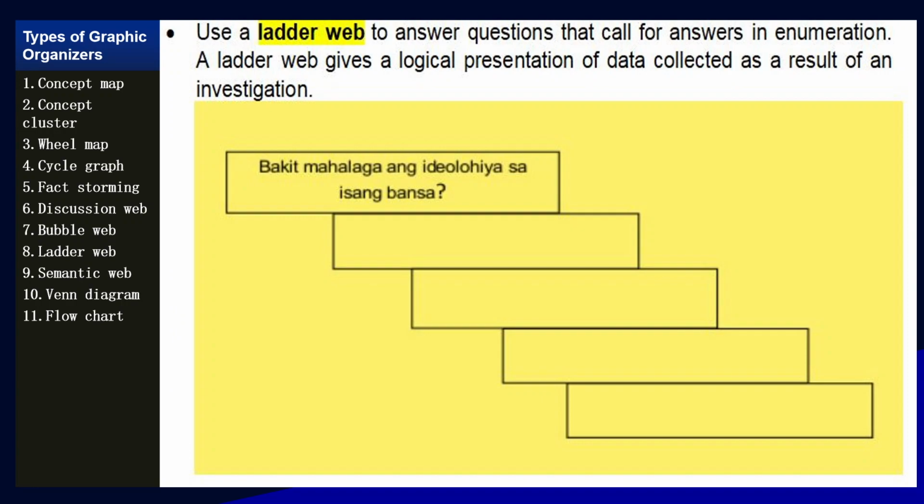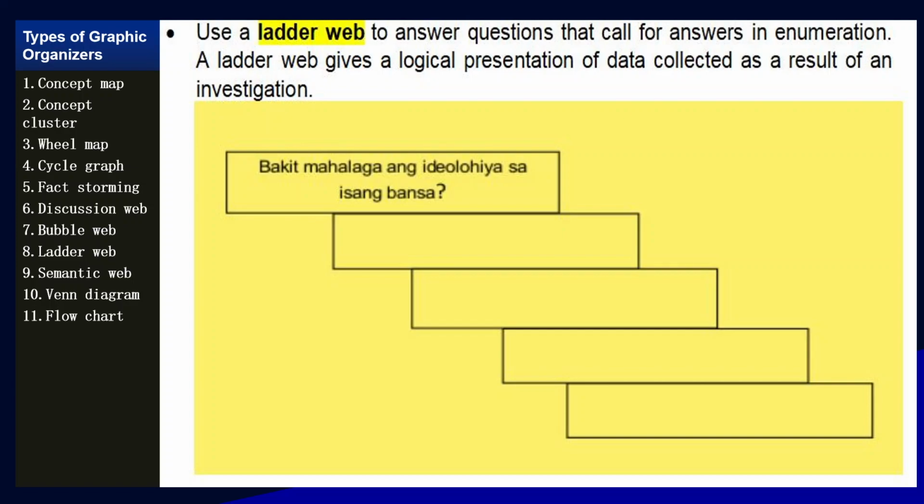Number eight is the ladder web. Use a ladder web to answer questions that call for answers in enumeration. A ladder web gives a logical presentation of data collected as a result of an investigation. For example, here, bakit mahalaga ang ideolohiya sa isang bansa?